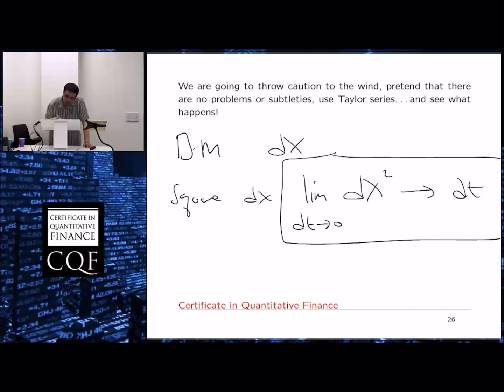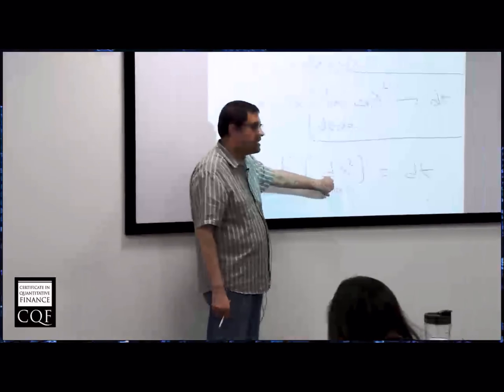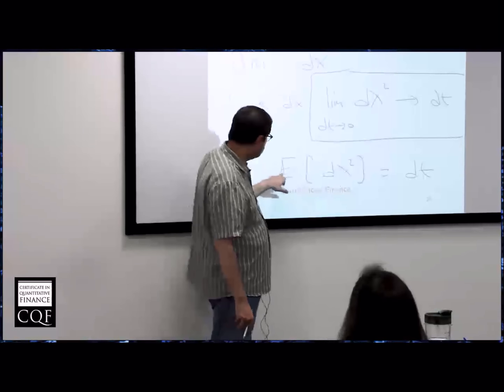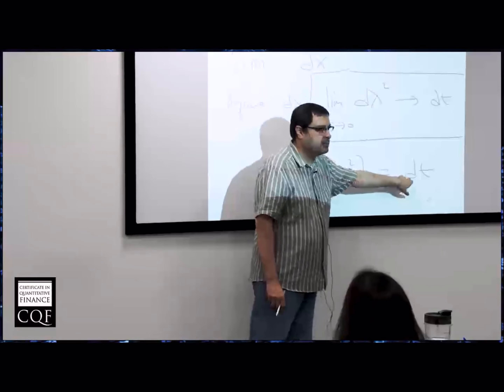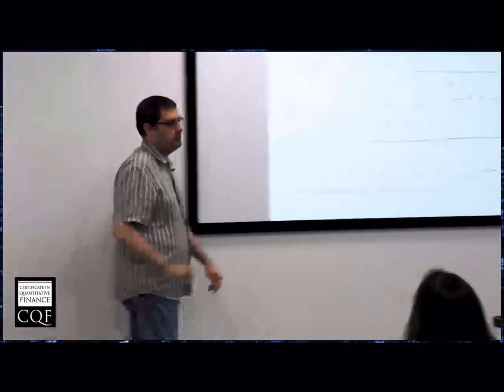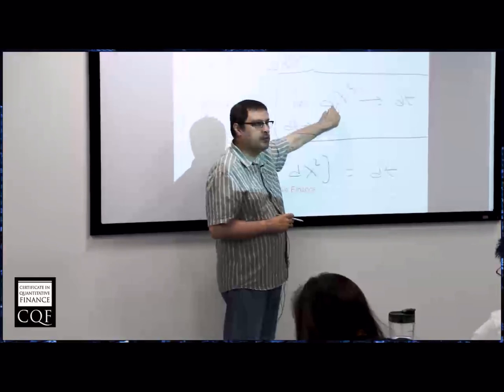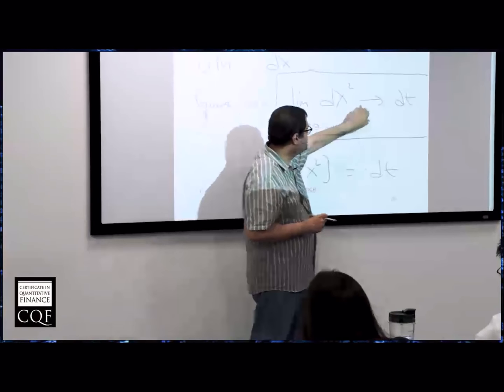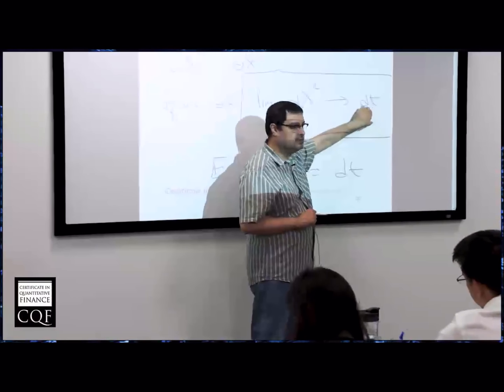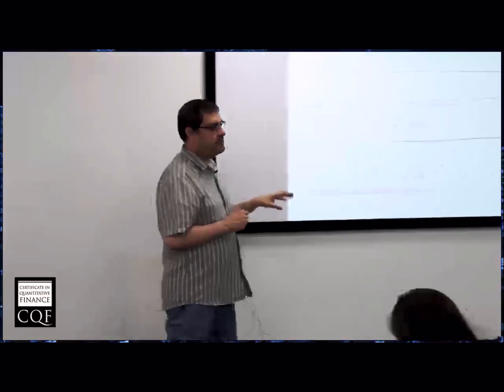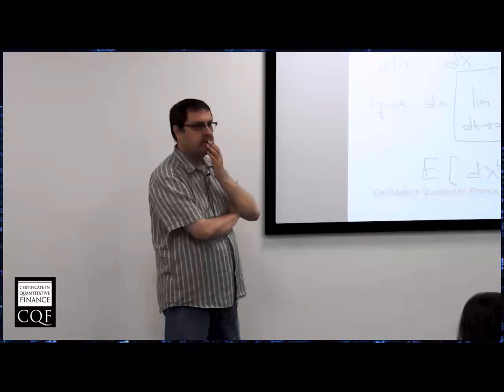Or another way of writing this down is that the expected value of dx squared is dt. In other words, simulate x, then work out dx, square a whole load of those, take the expected value, and it behaves like dt. In normal everyday calculus, this tends to 0. But in stochastic calculus, it doesn't tend to 0, it behaves like dt. That's the difference between everyday calculus and stochastic calculus.